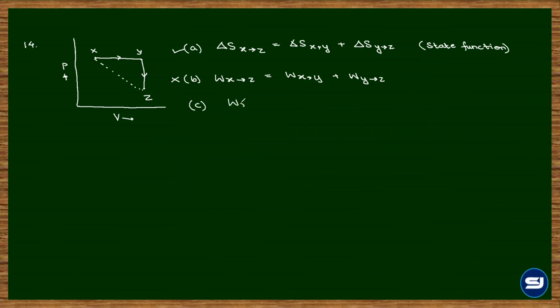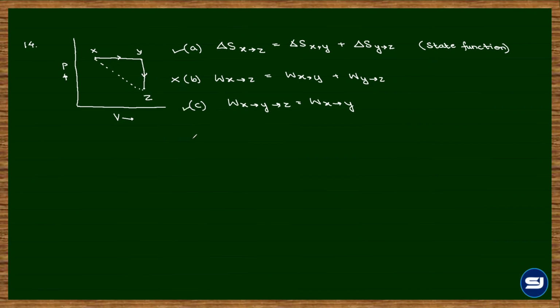Then W of X to Y, Y to Z, is it equal to W of X to Y? Yes, sir. Because YZ is isochoric, so that work will be zero. YZ is isochoric, so the work of the whole path is equal to XY.